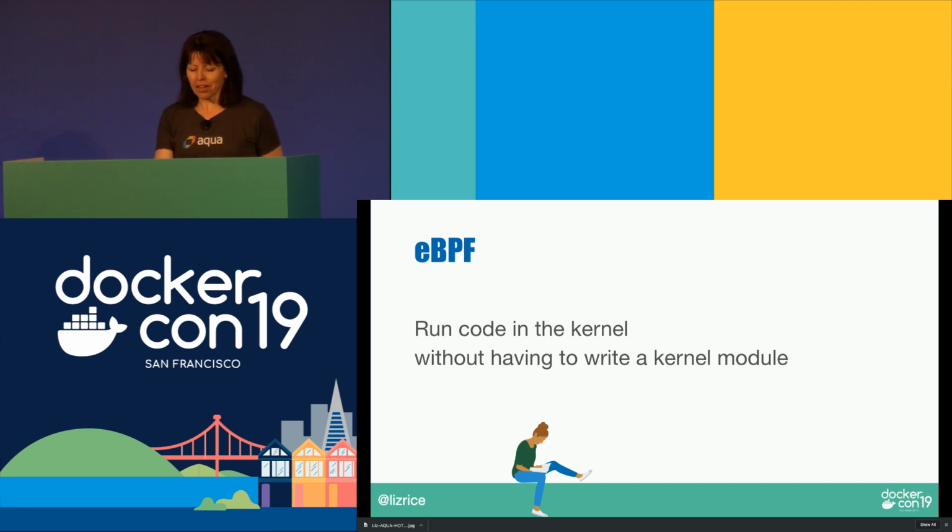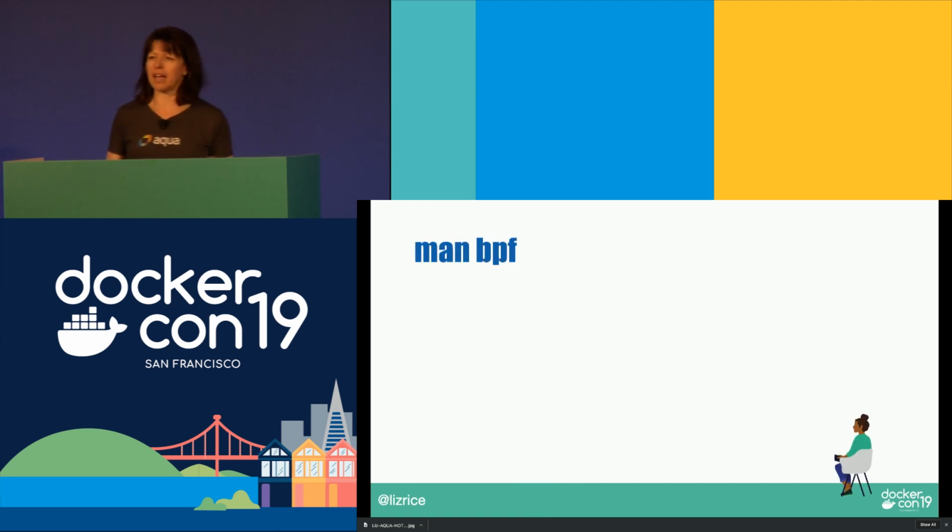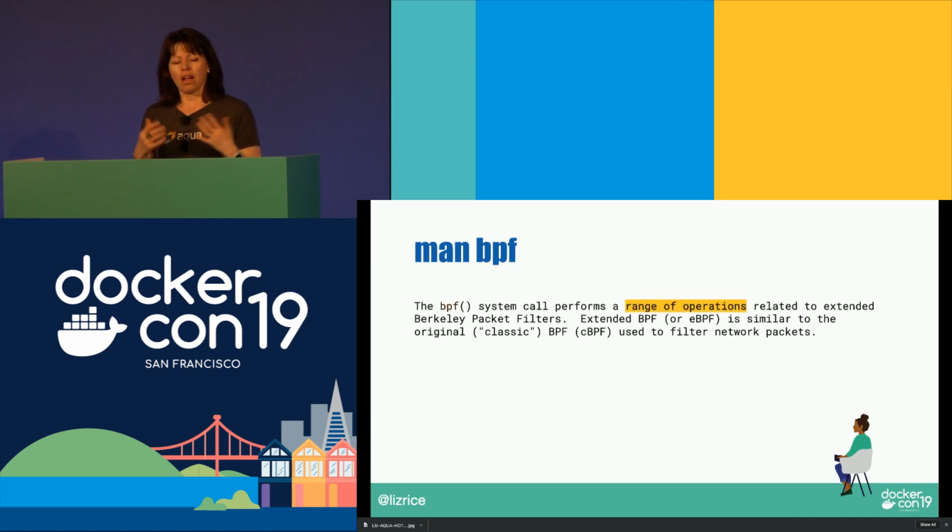And yeah, there is. There is a syscall called BPF, and the man page for BPF tells us lots of cool and interesting things about BPF and how it works. There is a BPF system call, but it performs a range of operations. There are lots of different subcommands to this system call.